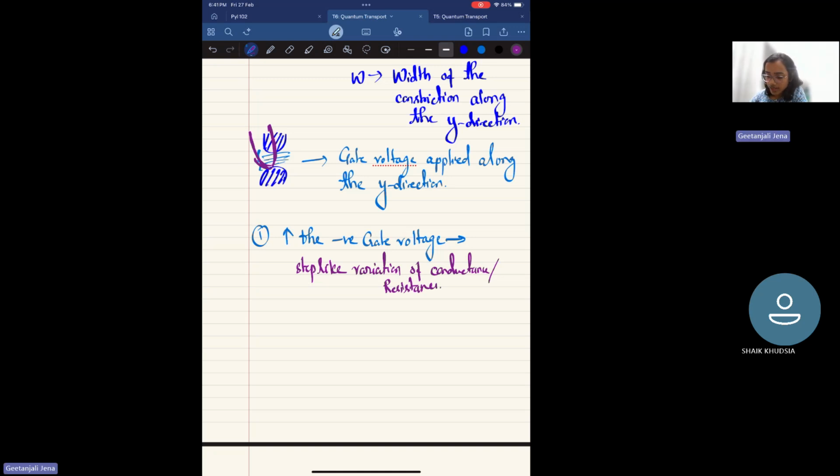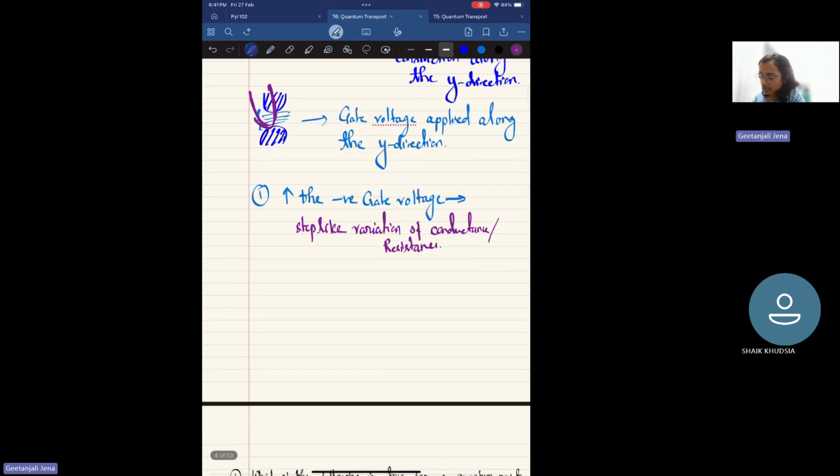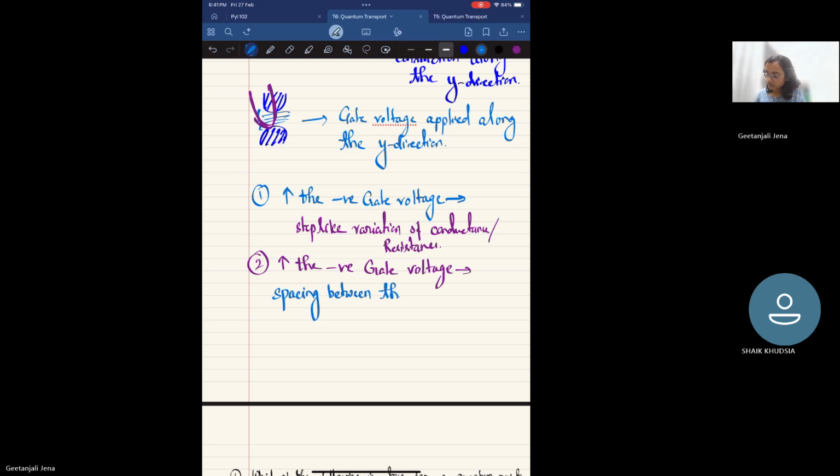The second effect is that when we increase the negative gate voltage, the spacing between the levels also increases.